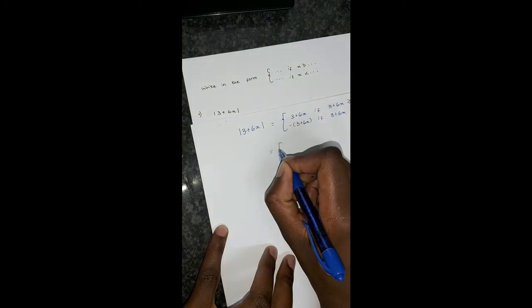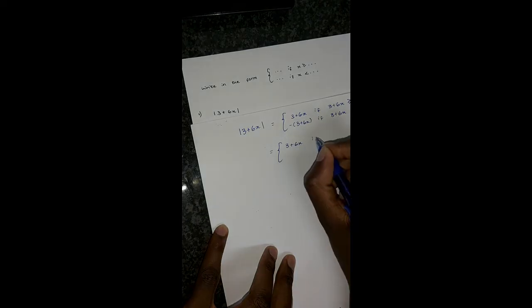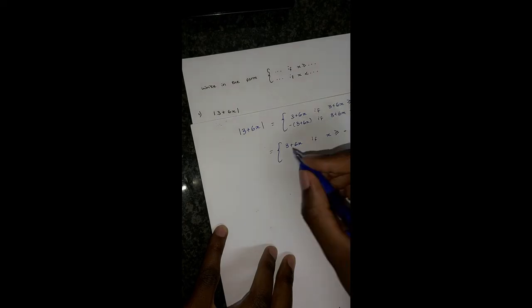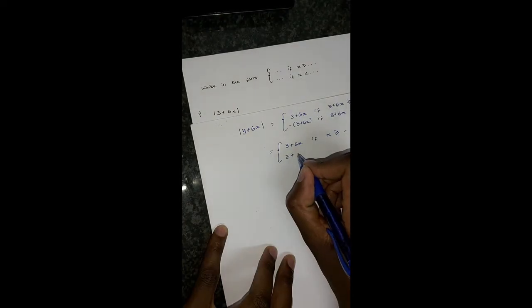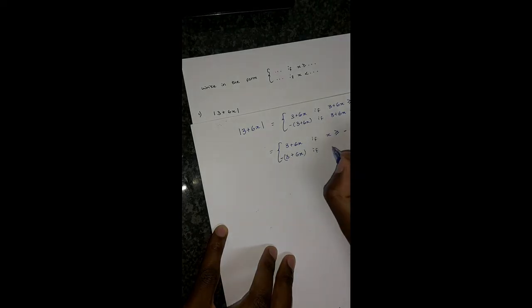You can rewrite it as 3 plus 6x if x is greater or equal to negative 1 over 2, and negative (3 plus 6x) if x is less than negative a half.